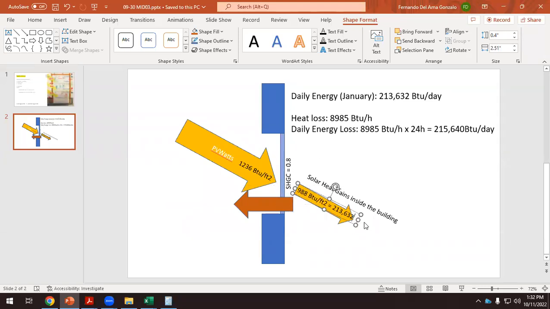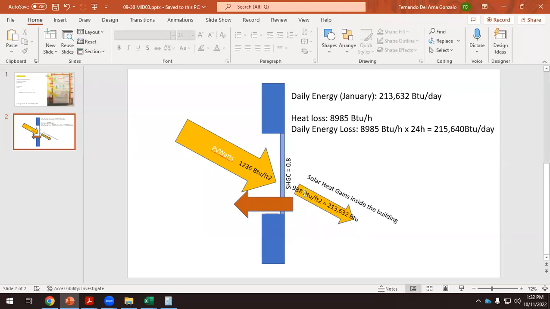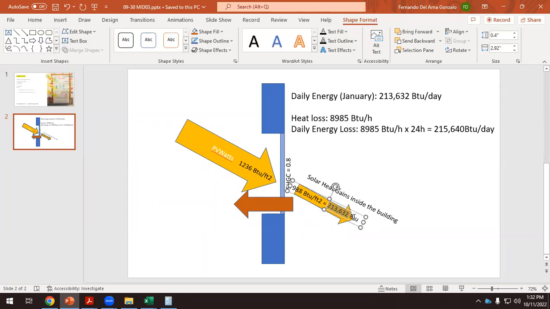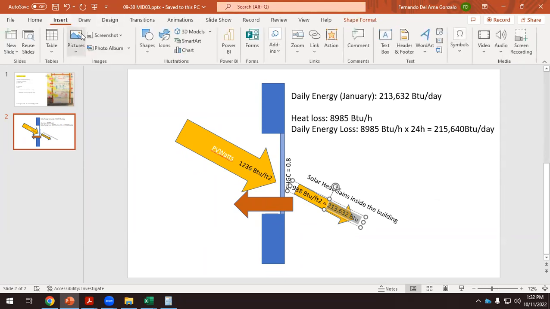And this is BTU. This is 988, it's BTU per square feet times the square footage. And now we have this BTU. And the number here is 215,640.